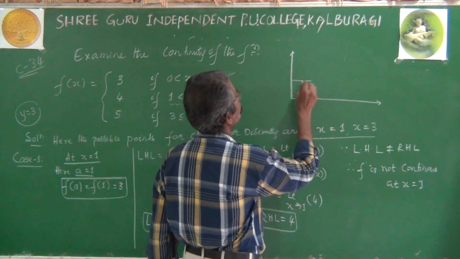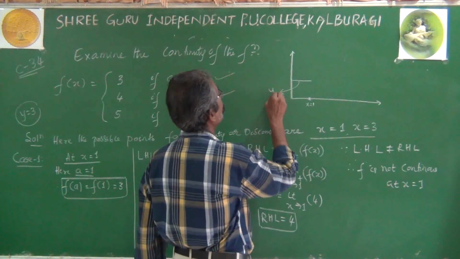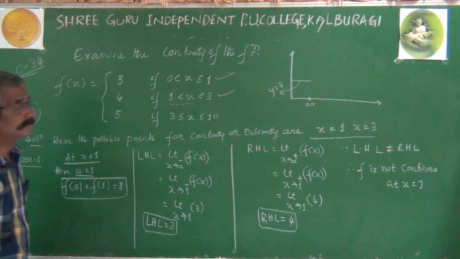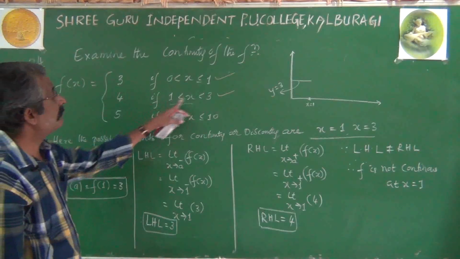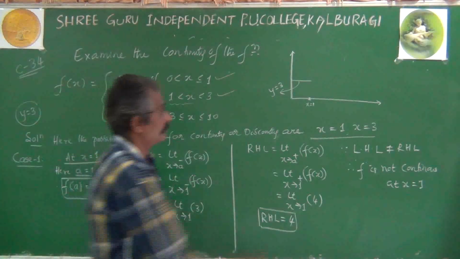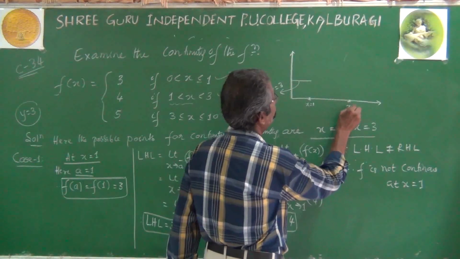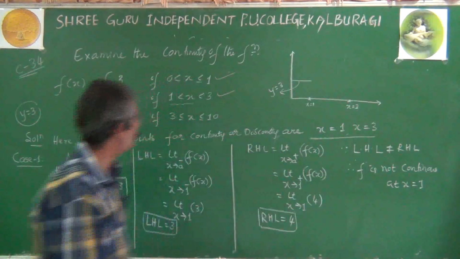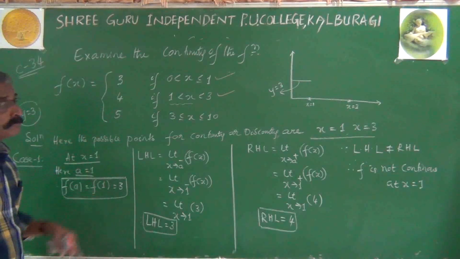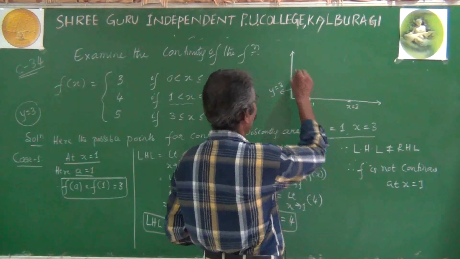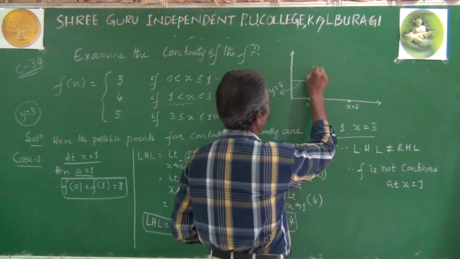This is a straight line, y equal to 3. Next, in the interval 1 to 3, the function value is 4, meaning y equal to 4, like this.